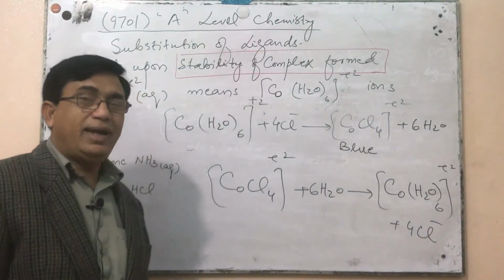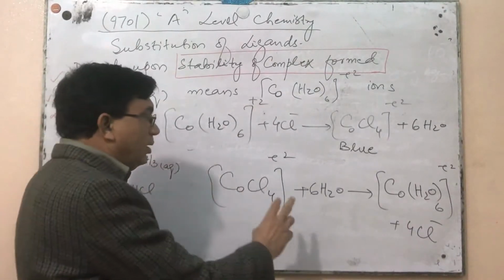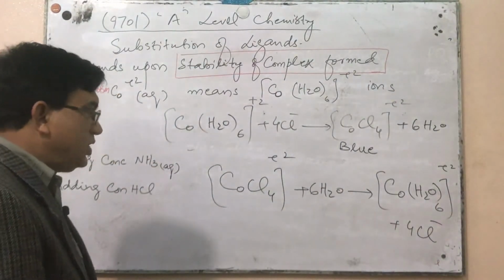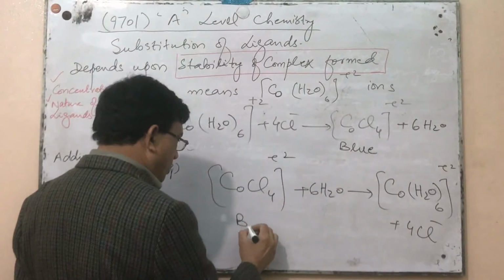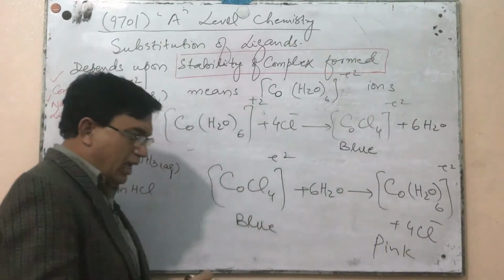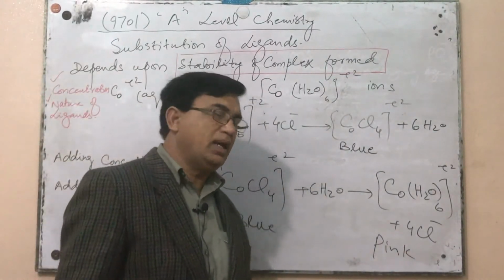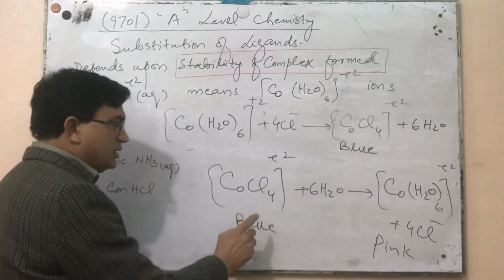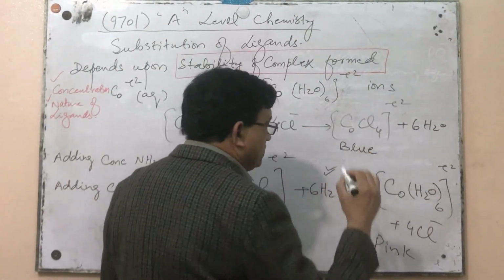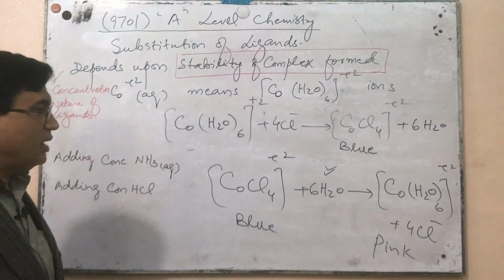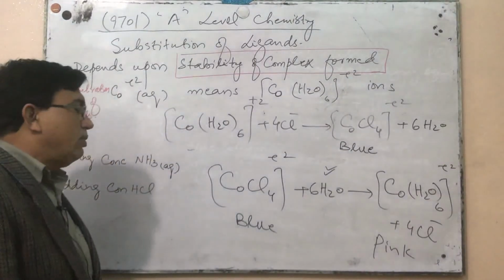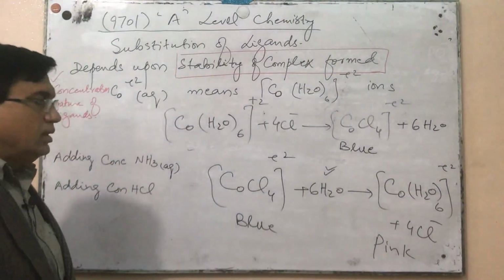So the ligand exchange takes place automatically and water molecules replace all the chloride ions, and the color changes from blue to pink because the hexa aqua cobalt 2 ion solution is pink in color. That's why this is used as a test for the presence of water molecules. In this manner, ligand exchange can take place quite easily depending upon the stability of the coordination complexes formed. I thank you all.